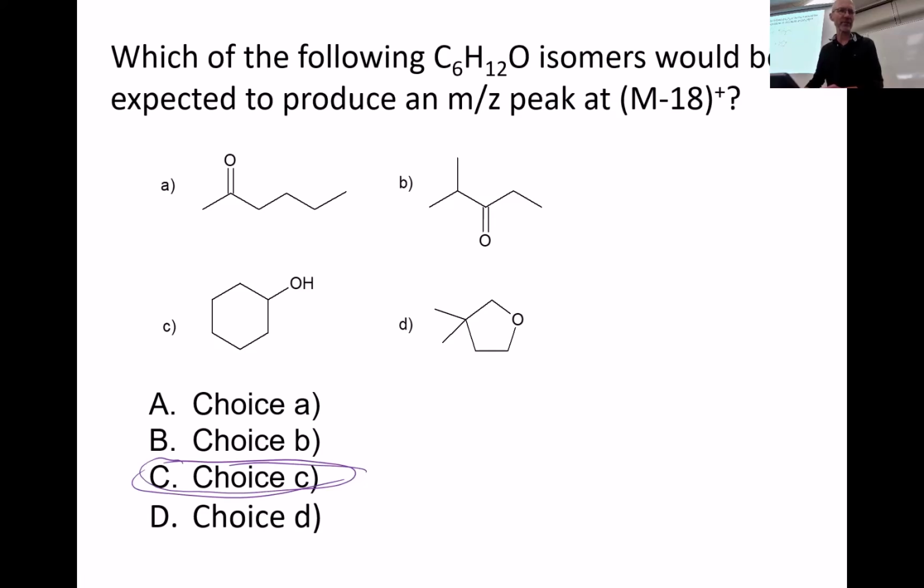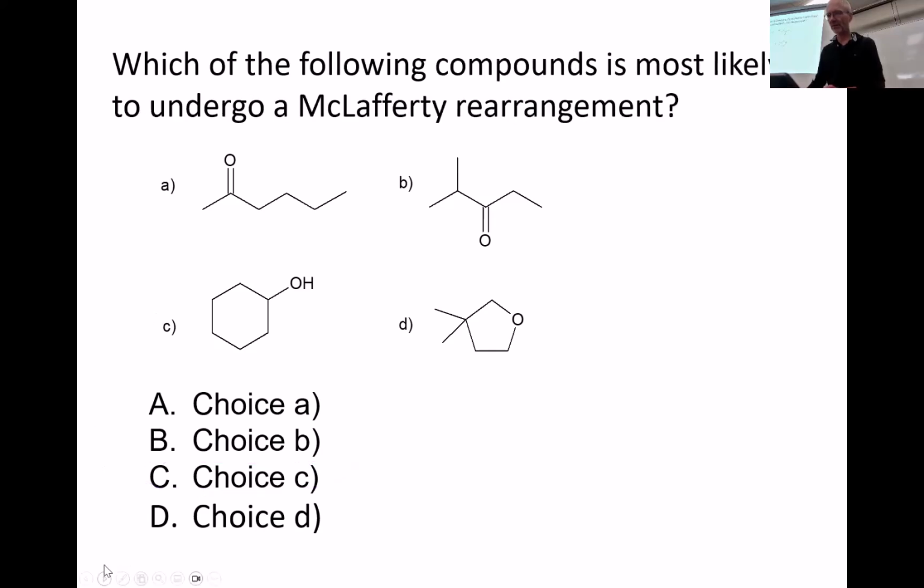Okay, one last question then. Which of these would more likely undergo the McLafferty rearrangement? This is question number 10. I think the first question was maybe a little too easy, because for M-18, we're looking for the one that has the alcohol.